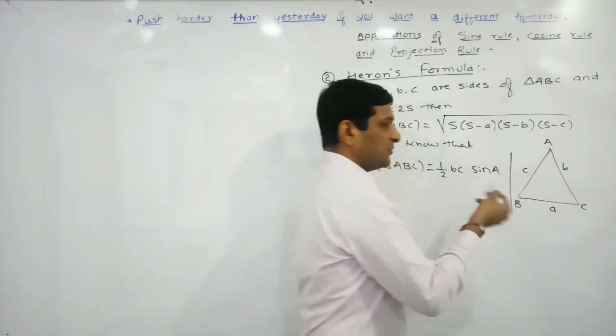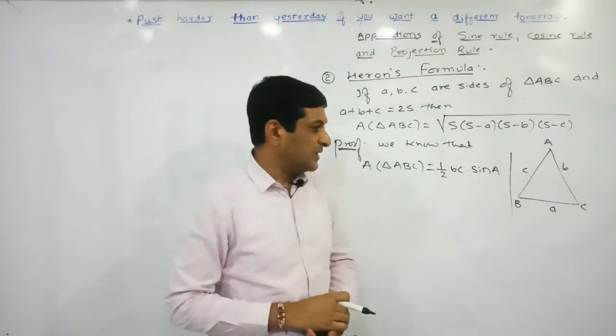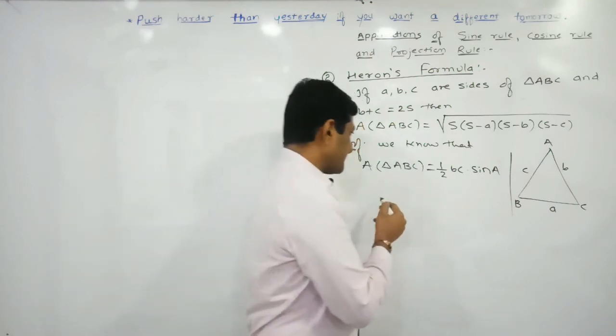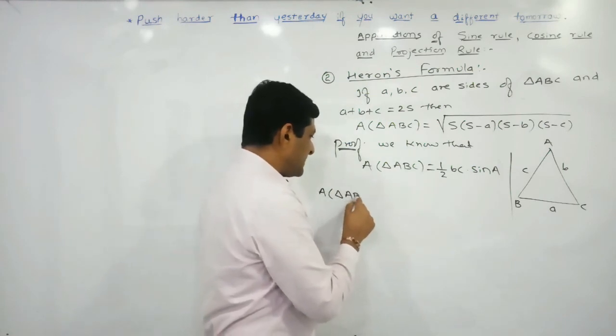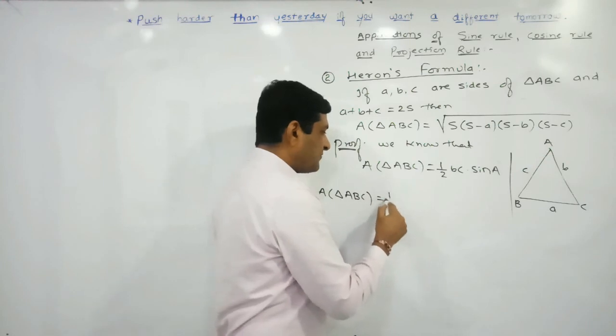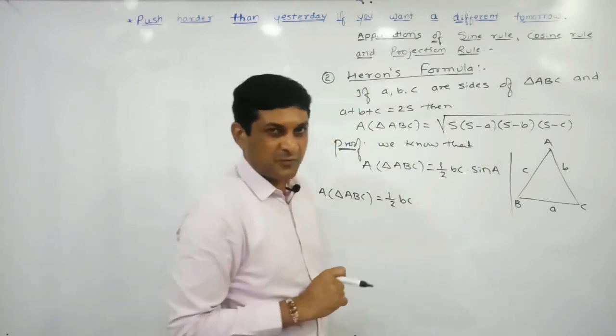So this formula we have seen when we proved the sine rule. So area of triangle ABC equals half bc sine A. Keep half bc as it is. Here we are applying the half angle formula.